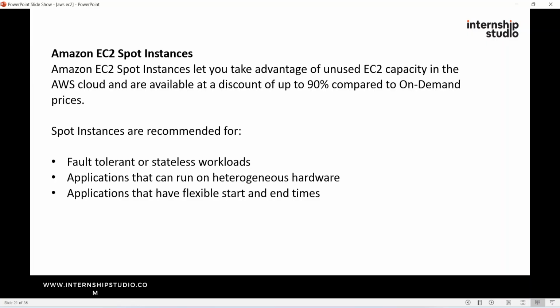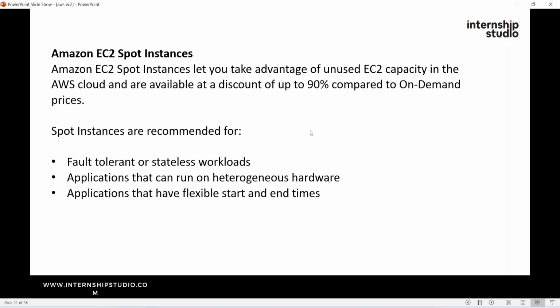Another good thing about AWS instance pricing policy is the availability of EC2 spot instances. Amazon EC2 spot instances let you take advantage of unused EC2 capacity in the AWS cloud and are available at a discount of up to 90% compared to on-demand prices. It's like a gamble, you can say.